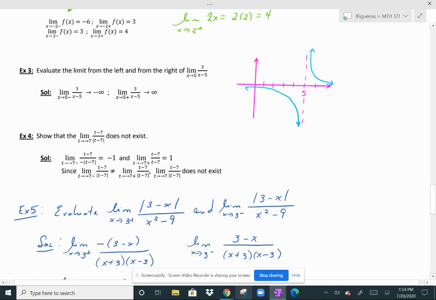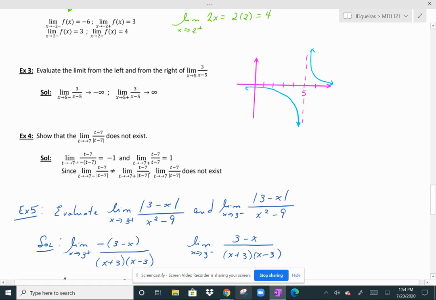All right, with absolute values, you definitely need to work these a little bit different. I cannot apply direct substitution. I can't plug in 7 in here because then I'll get 0 over 0, and we know that's undefined. But we need to be able to prove that the limit does not exist.